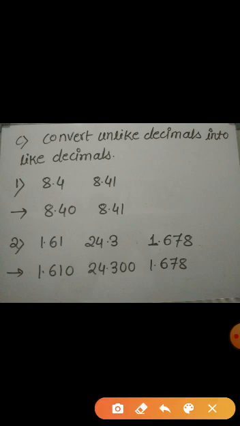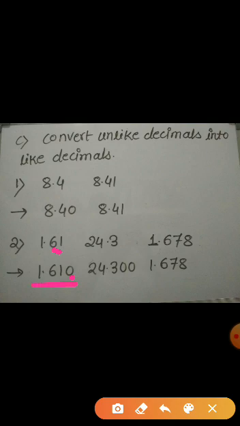By making their decimal places equal. Now, see, the maximum number of decimal places is 3, right? So we can make the decimal places 3 in the first and second number as well by putting 0 at the end of the number. In the first number, 2 places are already there and we have to make 3. So we can put only one 0 at the end of the number.